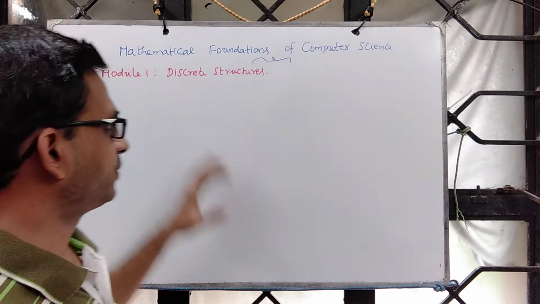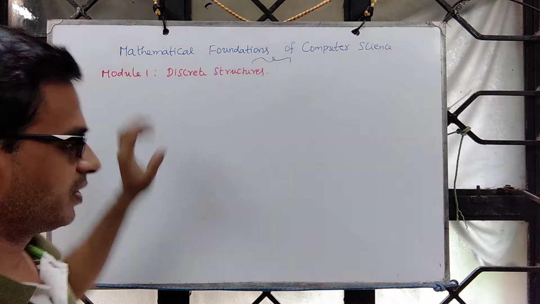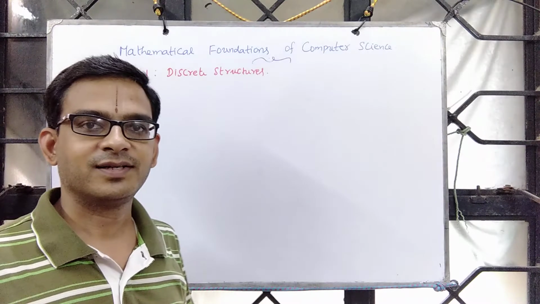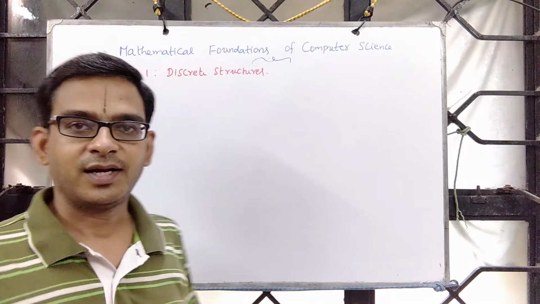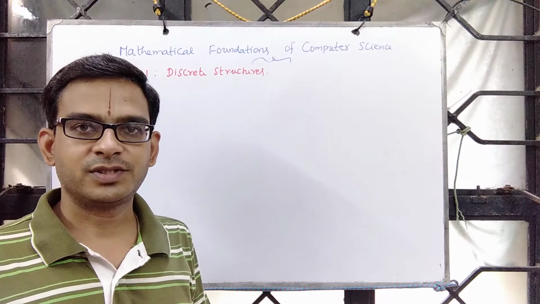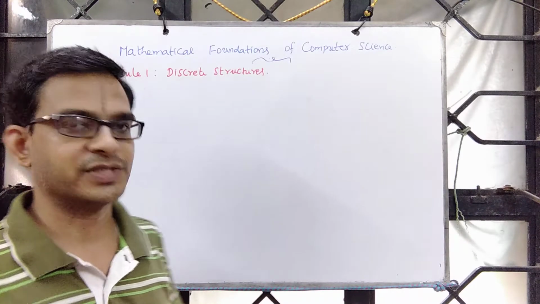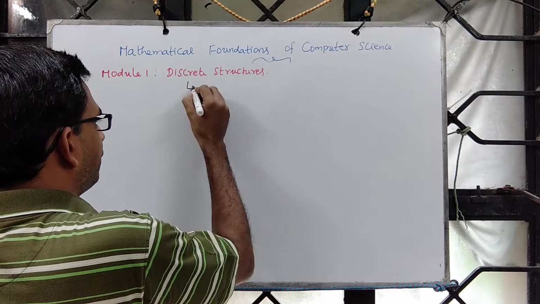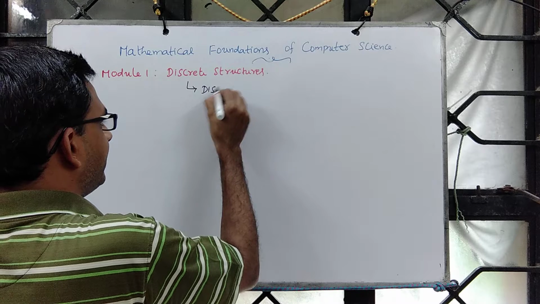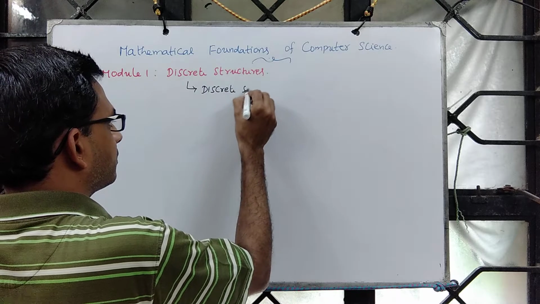We shall begin this course with a module on discrete structures. Quite fascinating subject and finds applications in almost every area in computer science. We shall be focusing on discrete sets.